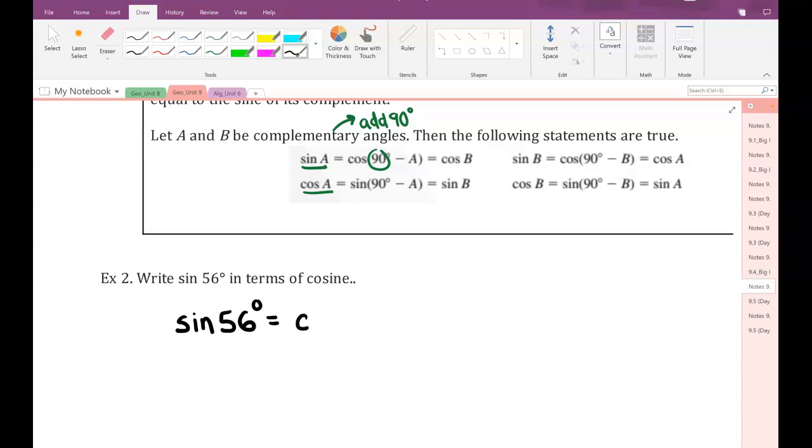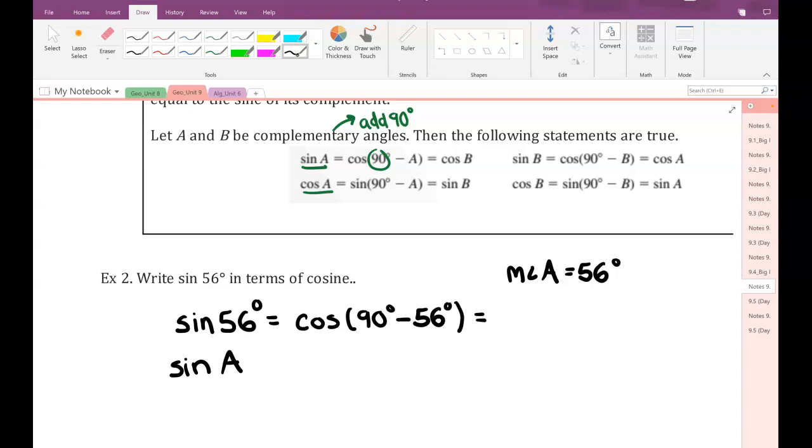So I'm going to say cosine of 90 degrees minus angle A, which is sine of A. So the measure of angle A is equal to 56 degrees. So I'm going to put a 56 in there.